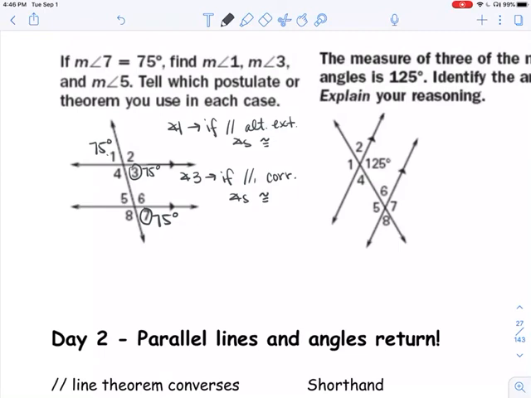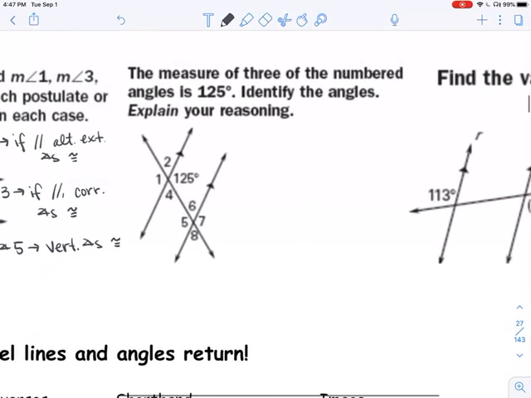And our last one is angle 5, and if I compare angle 7 to angle 5, those are vertical angles. So vertical angles are congruent, and 5 would be 75 degrees as well. Notice we don't need the "if parallel" for the vertical angles. The vertical angles are always congruent.